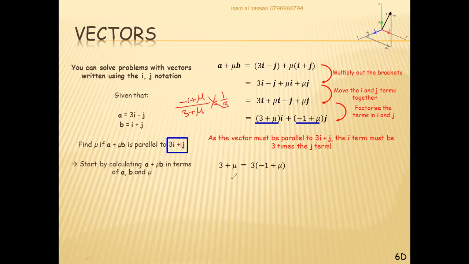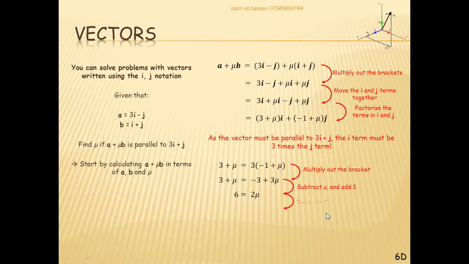You can cross multiply to get it in this way. So let me continue. So mu is equal to 3.